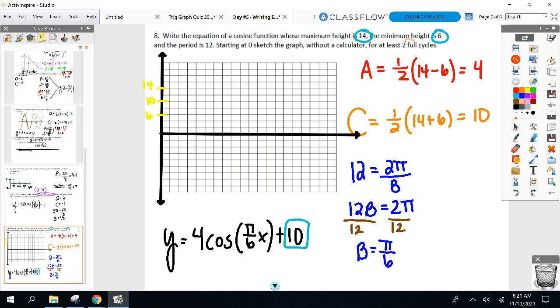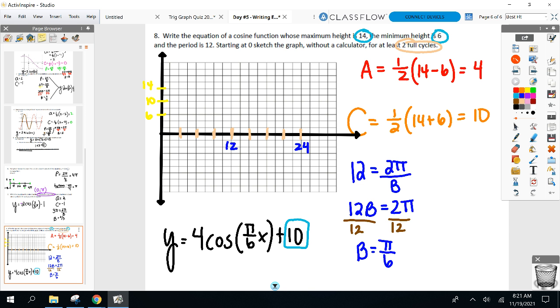For at least 2 full cycles. Okay, so we're going to have to graph it to 12 and then graph it to what? 24, yeah. So we're going to have to actually have 8 tick marks on here. 5, 6, 7, 8. Because we got to graph 2 cycles. So yes, one of them will end at 12. Next one will end at 24.